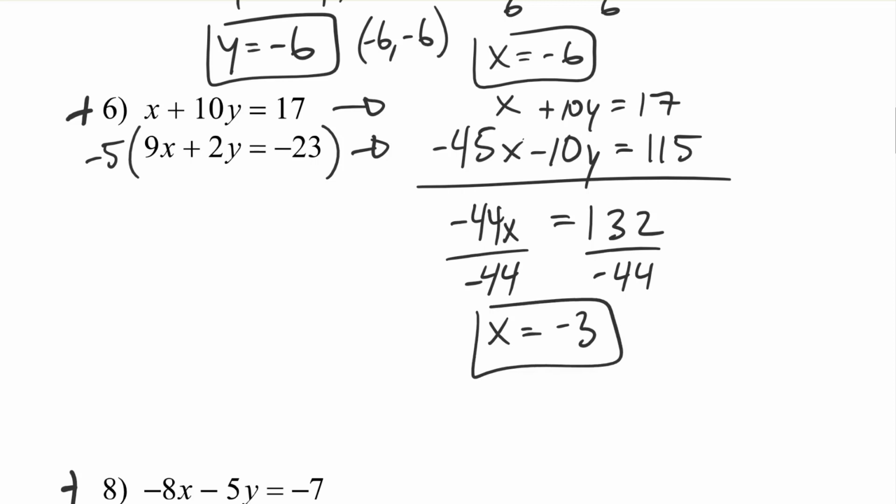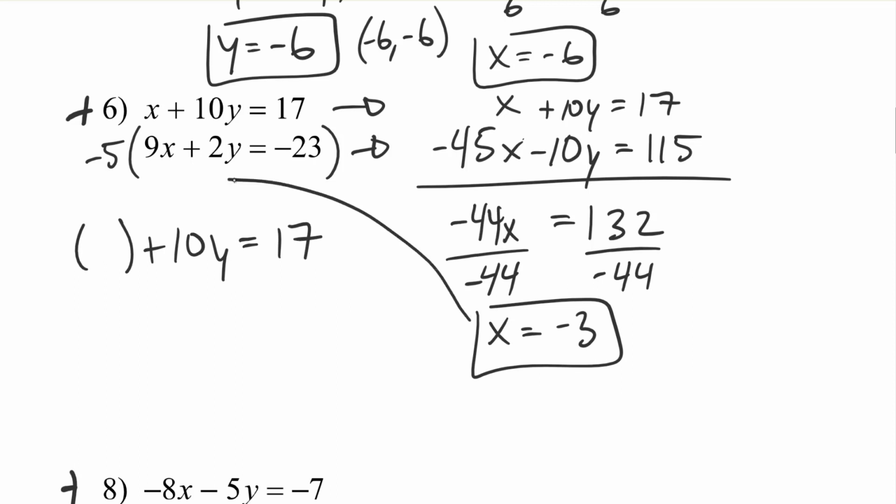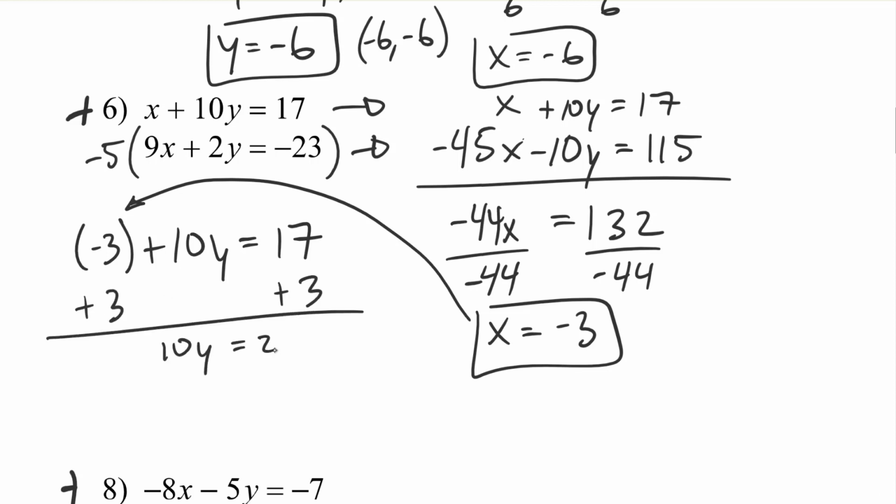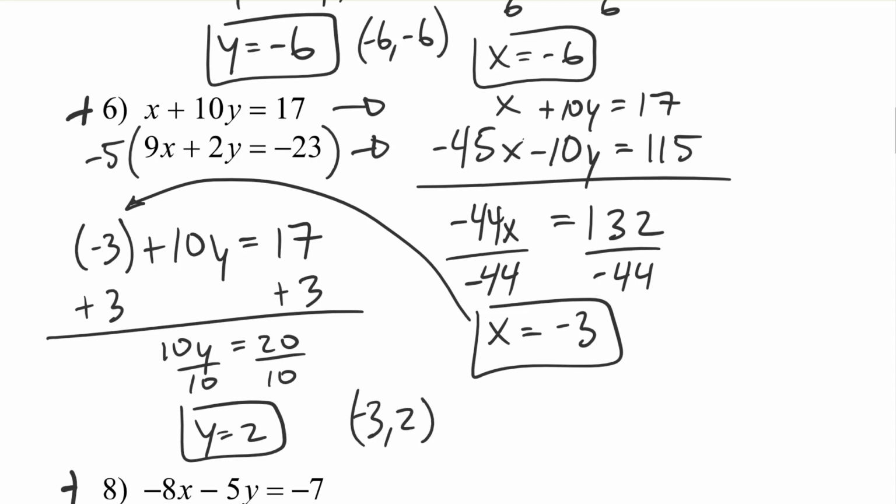We can plug that into either equation, so I'll pick the top one. So x plus 10y equals 17, and we're subbing in our negative 3. We'll add 3 to both sides. 10y equals 20. Divide by 10, and y equals 2. So our point is negative 3, 2.